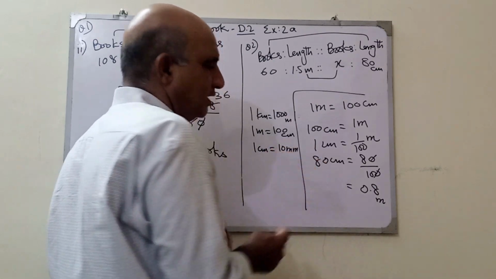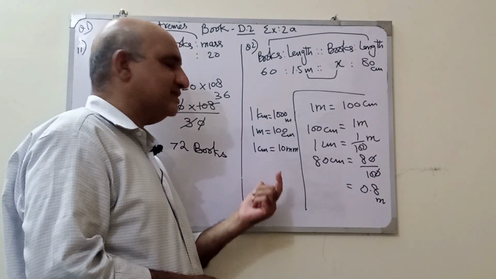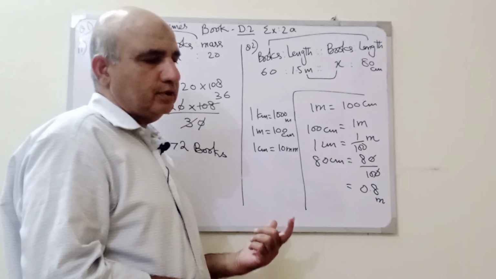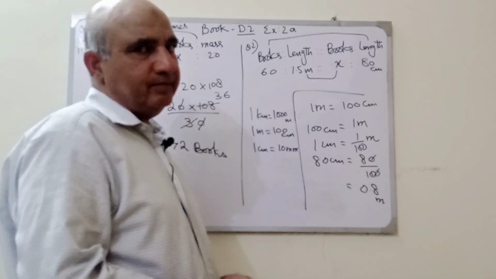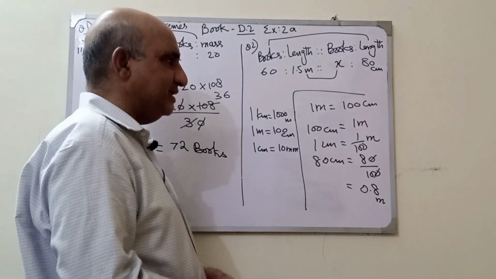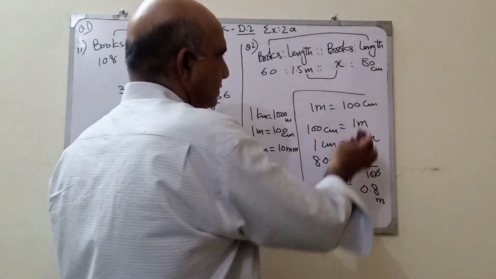You people should know all these things. If you have knowledge about all these measurements, and you know how to convert meters into centimeters or centimeters into meters, then it is very easy for you to solve such questions, right?